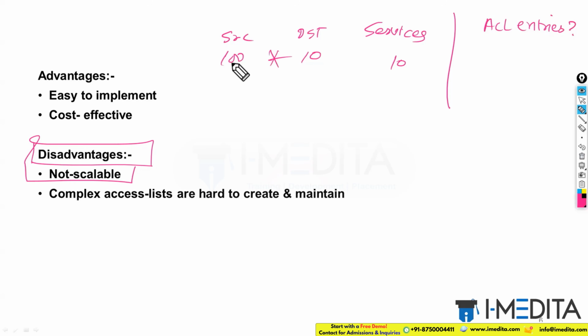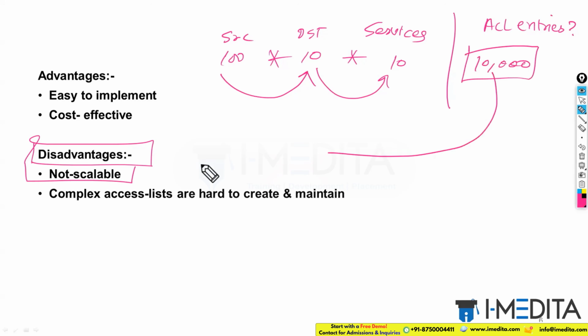The formula is to multiply source with destination and then service. 100 multiplied by 10 is 1000, multiplied by 10 is 10,000. So we need to create 10,000 entries. Creating 10,000 entries is not an easy job, so it is not scalable.